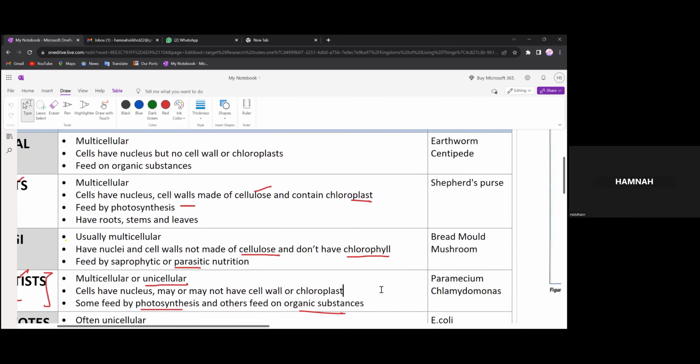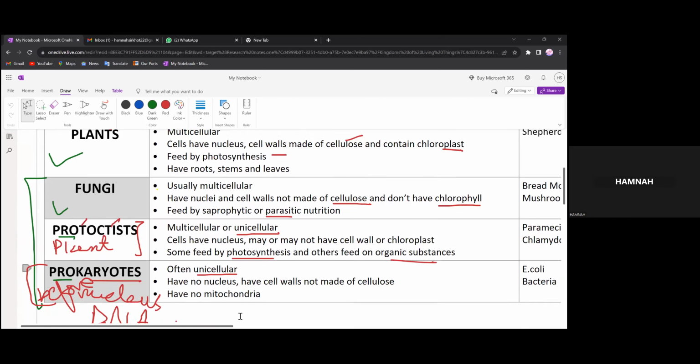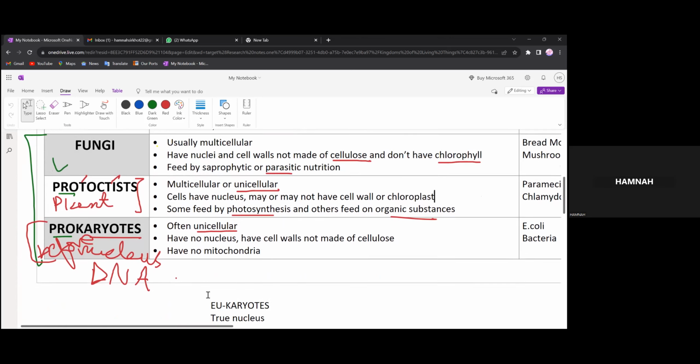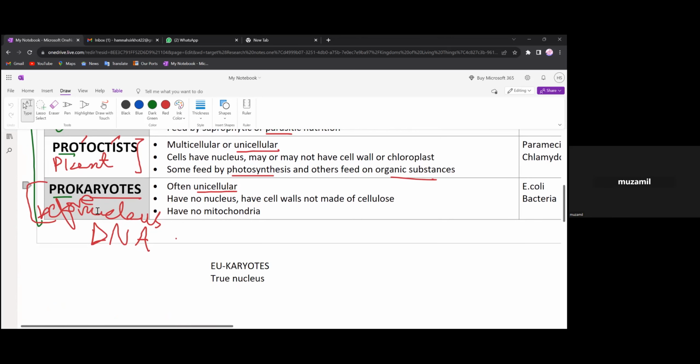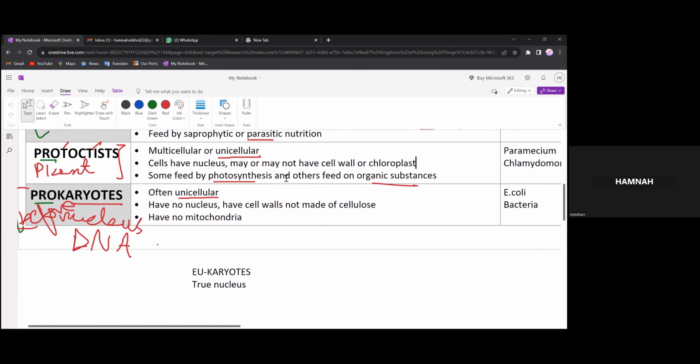Okay. Prokaryotes. What were prokaryotes? How did I tell you about prokaryotes? They have no nucleus, and they are often unicellular, because they include bacteria.